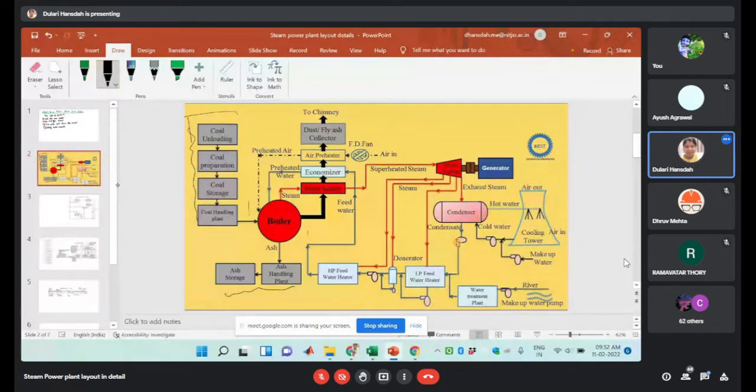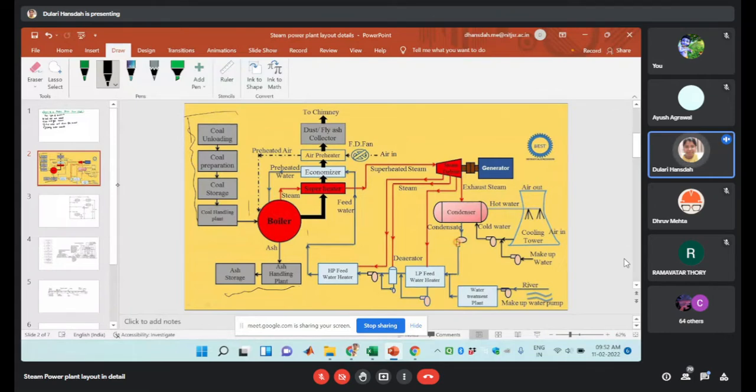That handling means we are preparing the size of the coal, reducing the size of the coal as per our requirement. So that coal will be fed to the furnace, and that will give the hot gas to the boiler, which will boil the water, and that steam will be generated.